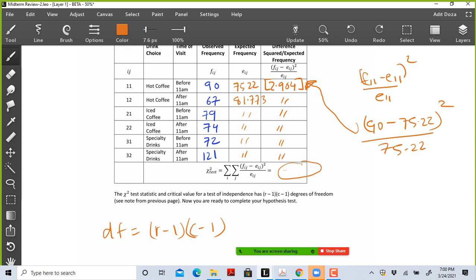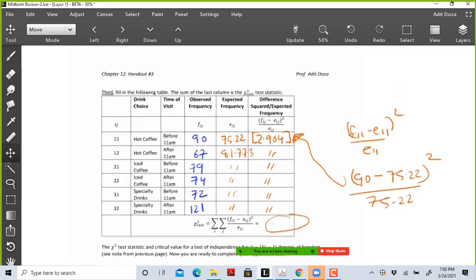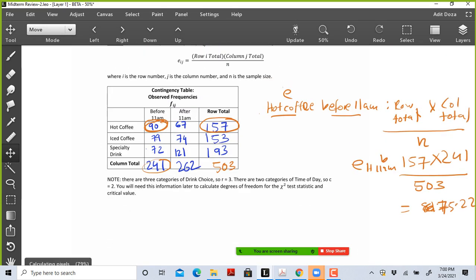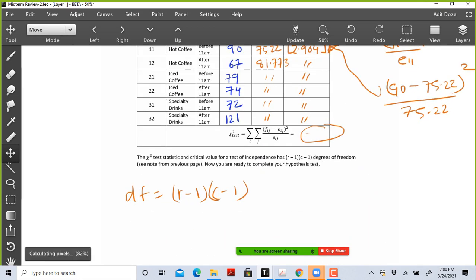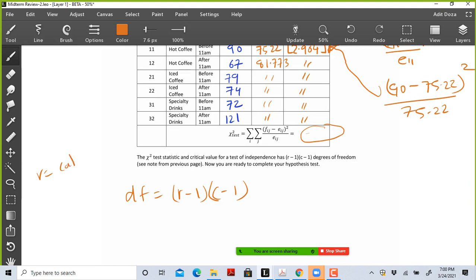So how many categories are here in this case? 1, 2, 3. 3 categories, right? 3 categories for variable 1, 2 categories for variable 2. So R is basically categories in variable 1 and C means categories in variable 2.